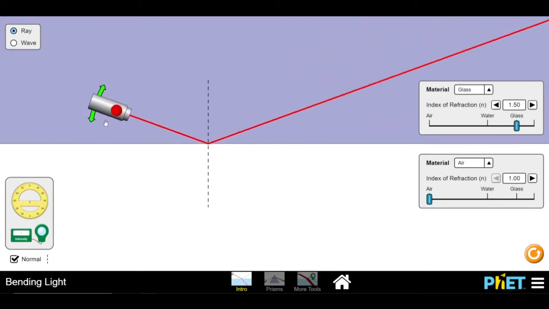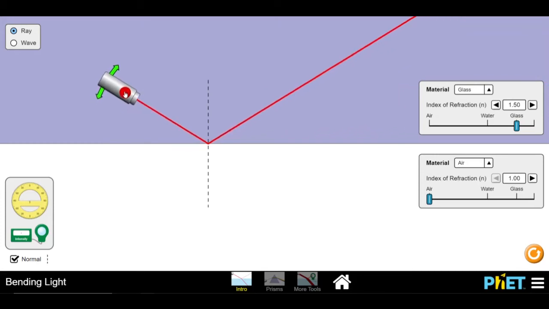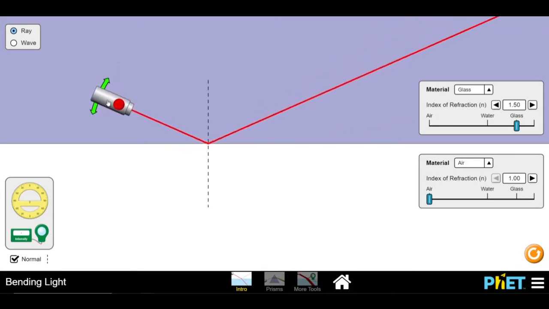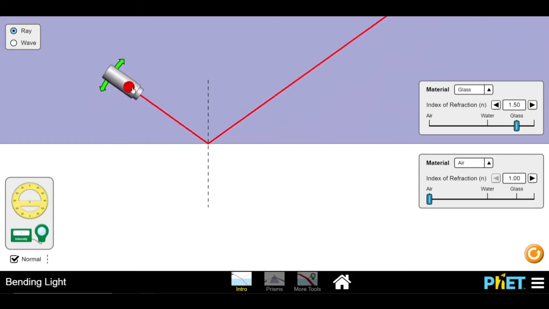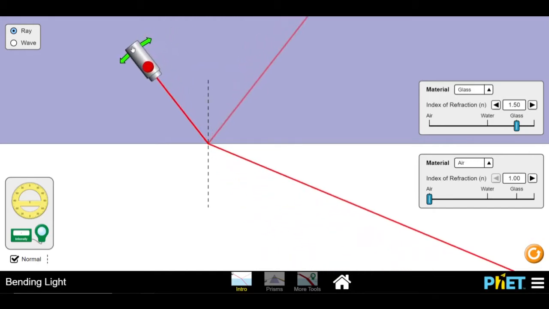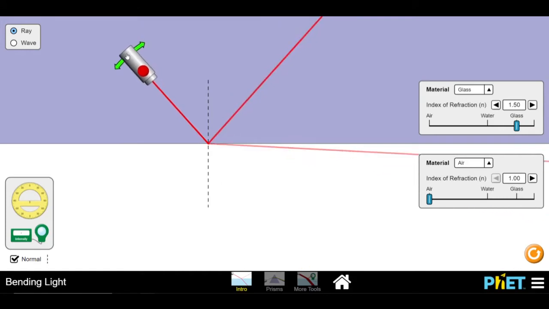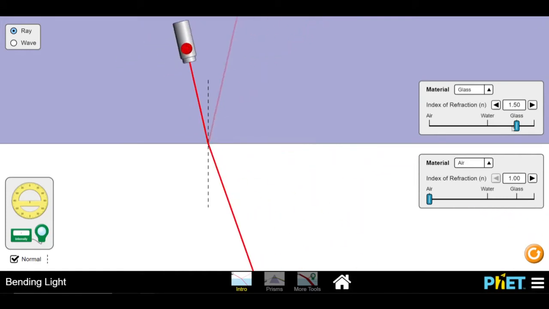Someone on the outside will not see this laser light. It will bounce back on itself. If you are less than the critical angle, then the ray of light will travel through, or at least part of it will. So what we're going to be doing is this, and as we can see, it will be different for different things.